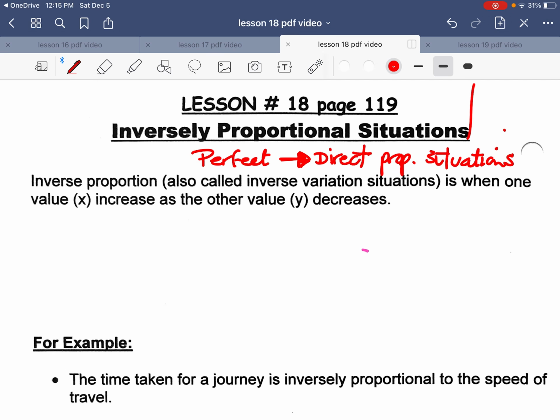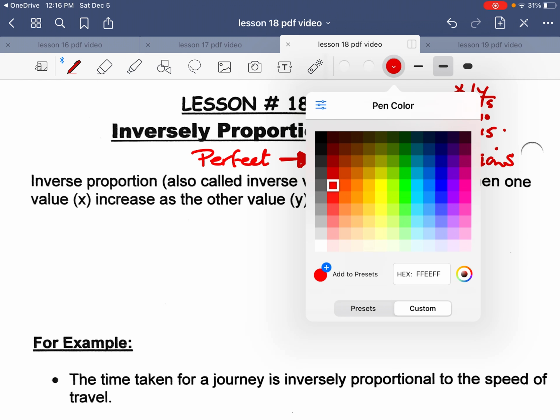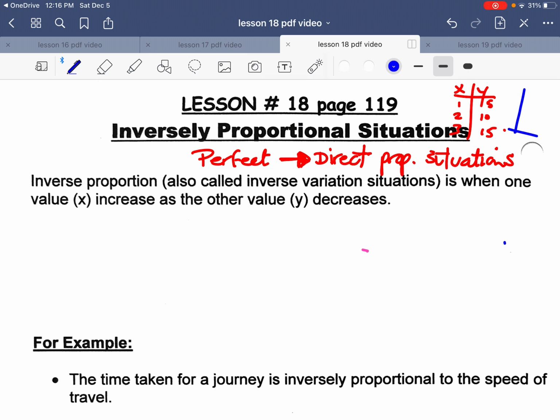So in this one, you would have 1, 2, 3 happening, and for example 5, 10, 15. They're both increasing. And when I graph this, it creates that straight line that goes right through 0, 0. That's a direct proportional, my perfect proportional situation that we've been doing.